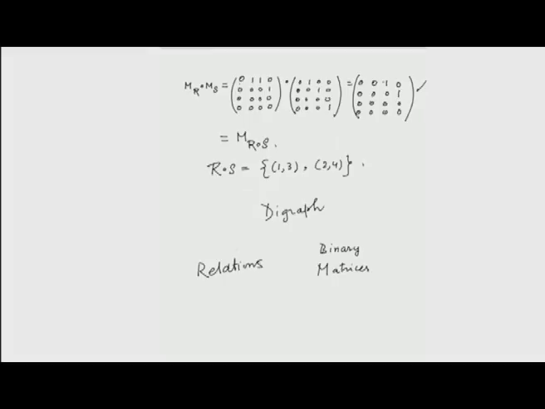And what we have done is that we have developed connections among all these different concepts. We have seen that essentially they are the same, and then we have seen that the basic operations and compositions of relations can be expressed very nicely as operations over binary matrices. This is what we do in this lecture. So, thank you.